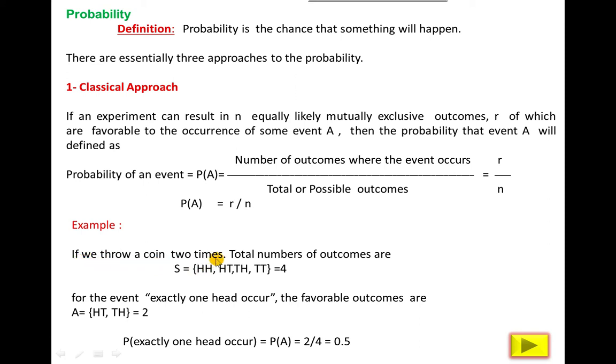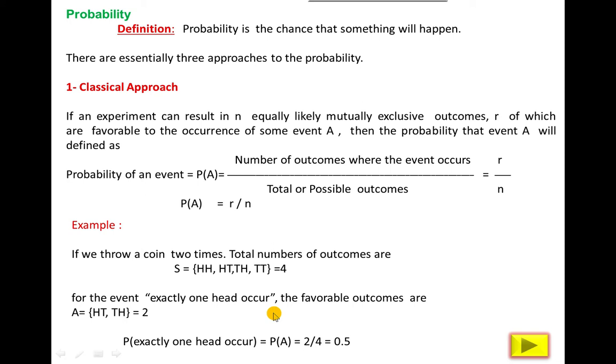If you throw a coin 2 times, the number of outcomes is 4, the event is exactly one head occurs, and the favorable outcomes are 2. So the probability of exactly one head will be 2 divided by 4. This approach is called the classical approach. In this experiment, we can draw all possible outcomes and the outcomes of any event.